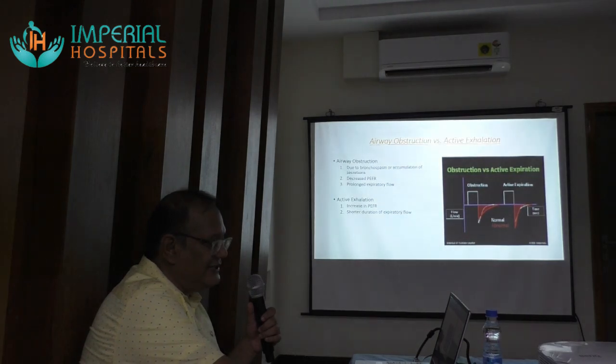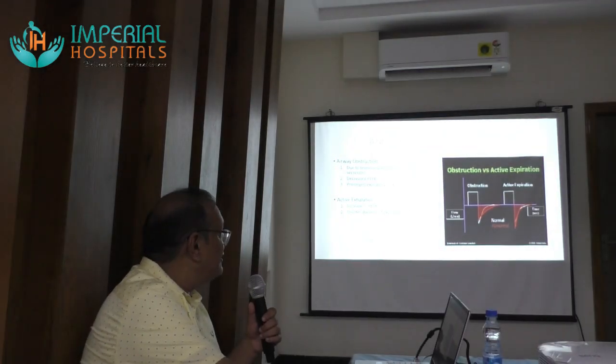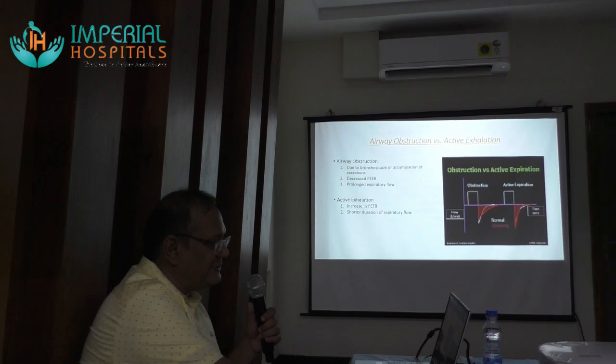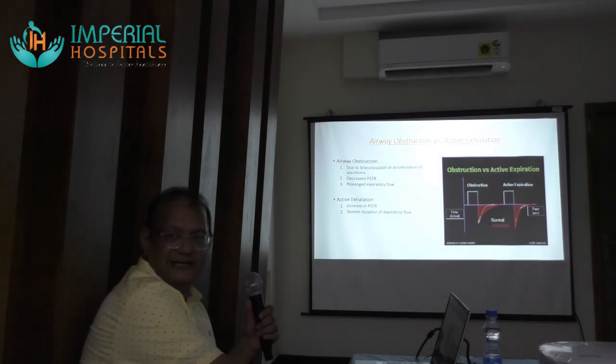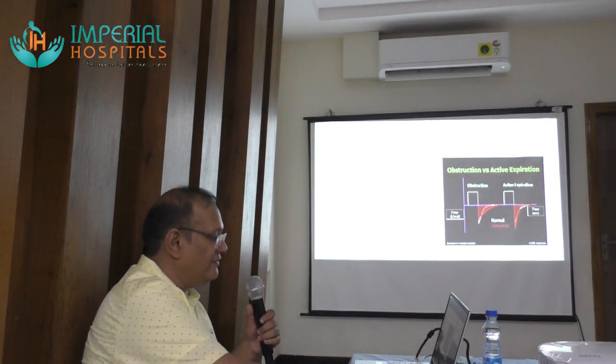You will see a decrease in peak expiratory flow rate, the PEFR, and the flow is going to take longer, right? The end point of the expiration is delayed. Whereas for active expiration, the peak expiratory flow will be increased and the duration will be decreased, because now the patient is trying to actively exhale here. So he's going to push out the volume faster.